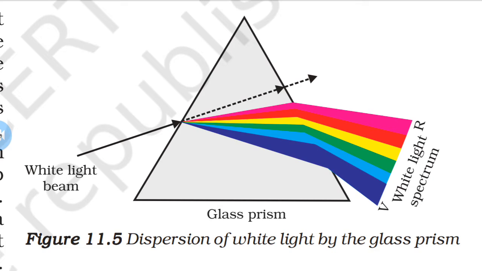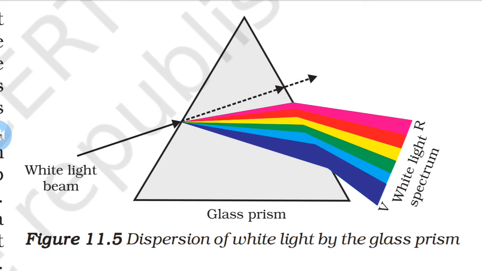So you have seen that white light is dispersed into its 7 color components by the prism. Different colors of light bend through different angles with respect to the incident ray as they pass through the prism. The red light bends the least while the violet bends the most.